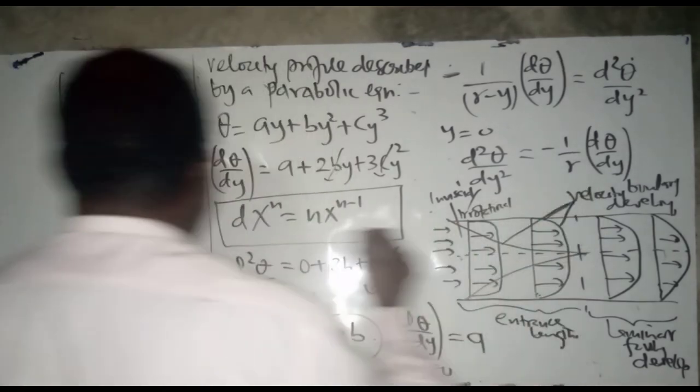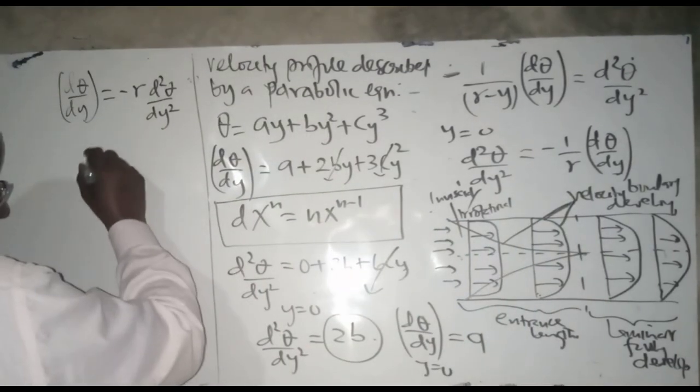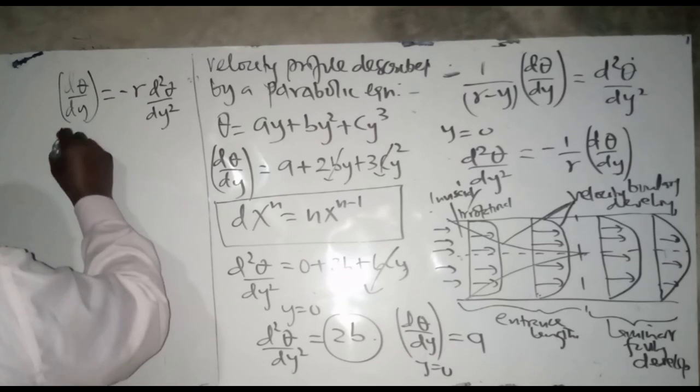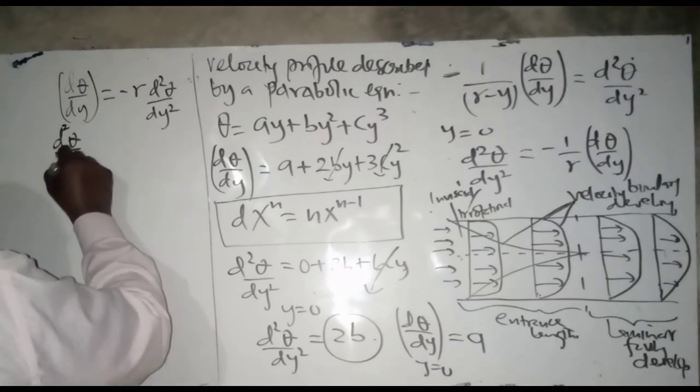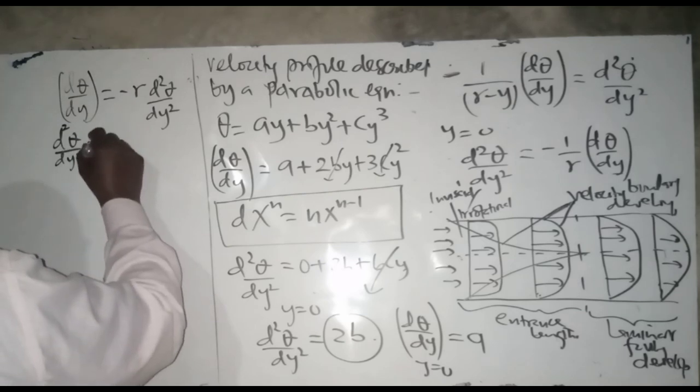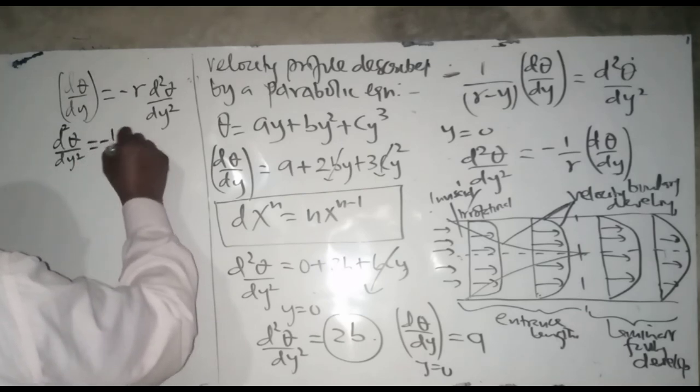In the same way, if you put in our values, d2 theta dy squared is equal to minus 1 over r d theta dy.